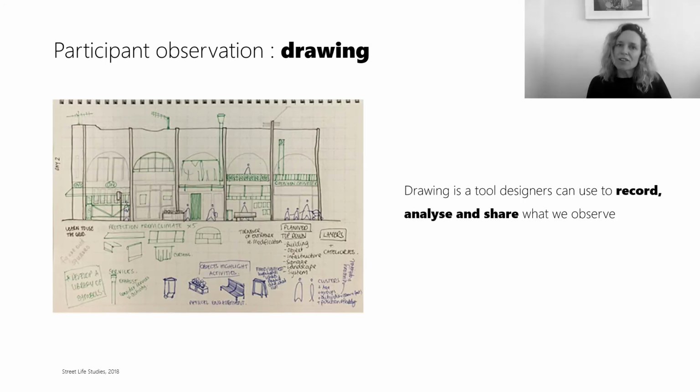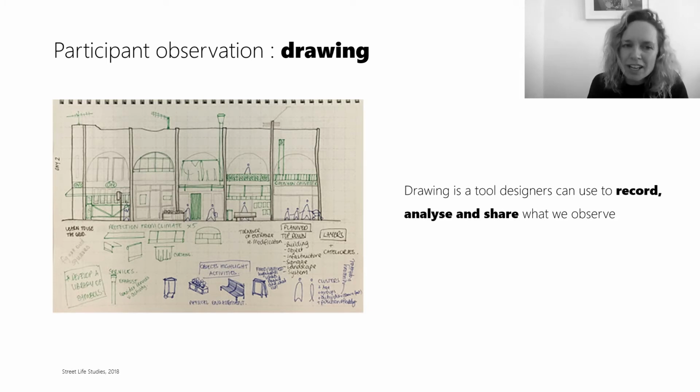So if we stay on this track of participant observation, what ethnographers use in the social sciences is they listen, usually take notes, and sometimes record audio and then analyze that audio to find themes that are coming up and key ideas. As designers, we use drawing as a tool to accompany some of those techniques.